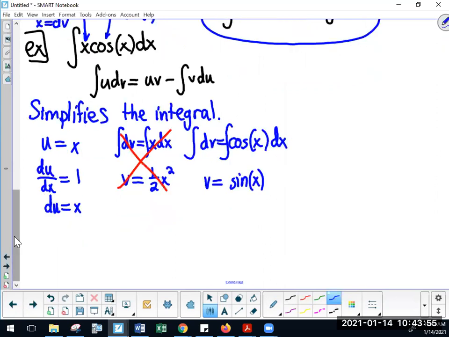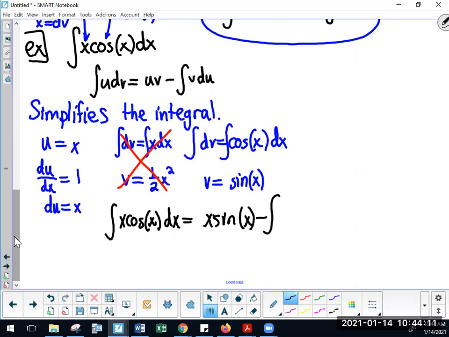So the antiderivative of x cosine of x dx equals u times v, which is x times sine of x, minus the antiderivative of v, which is sine of x, du, which is dx. Oops, I wrote this wrong back here, sorry, dx.